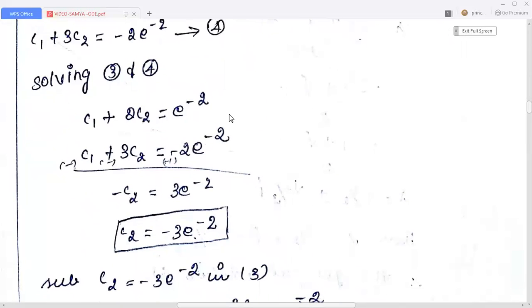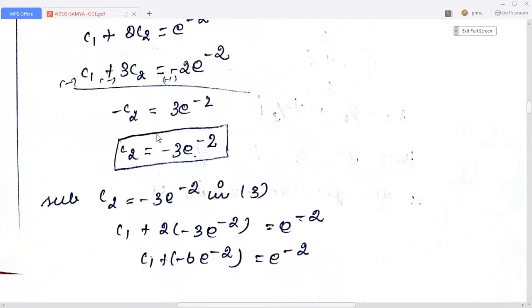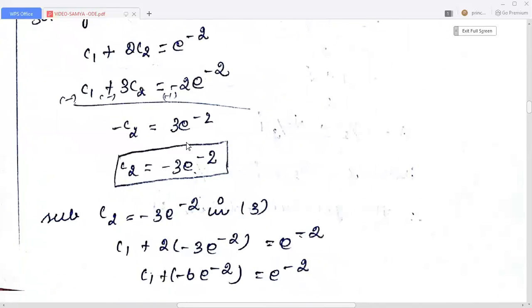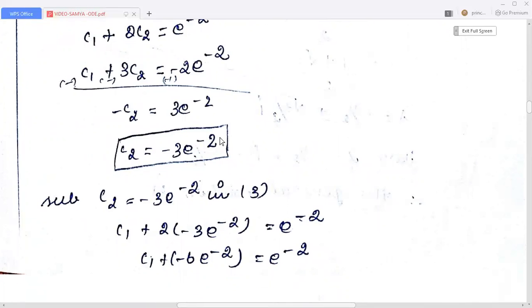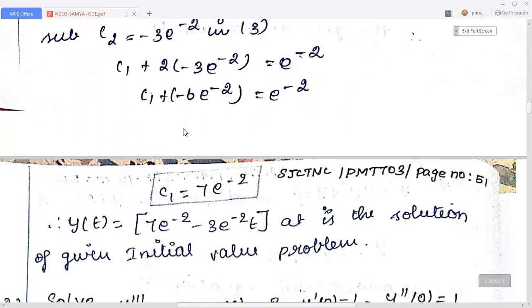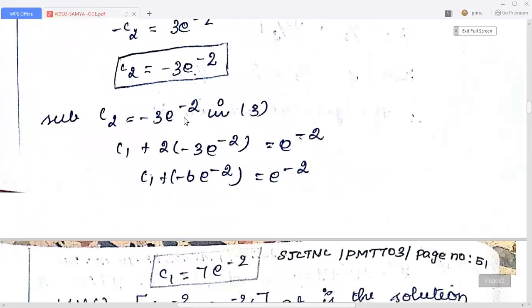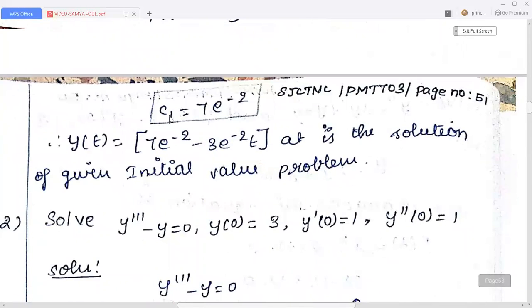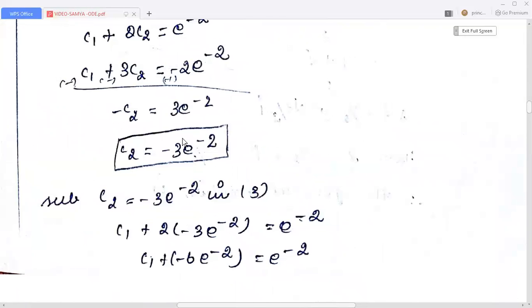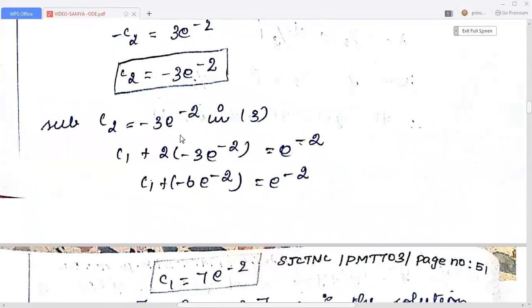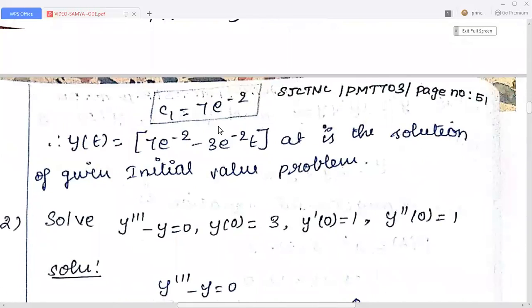Solving equations 3 and 4, we get the values of c₁ and c₂, that is c₂ = -3e^(-2) and c₁ = 7e^(-2). Therefore, the c₁ and c₂ values are substituted in y(t). So y(t) = 7e^(-t) - 3e^(-t). The c₁ and c₂ values are substituted in the solution, equation 1, that is y(t) = (c₁ + c₂t)e^t.